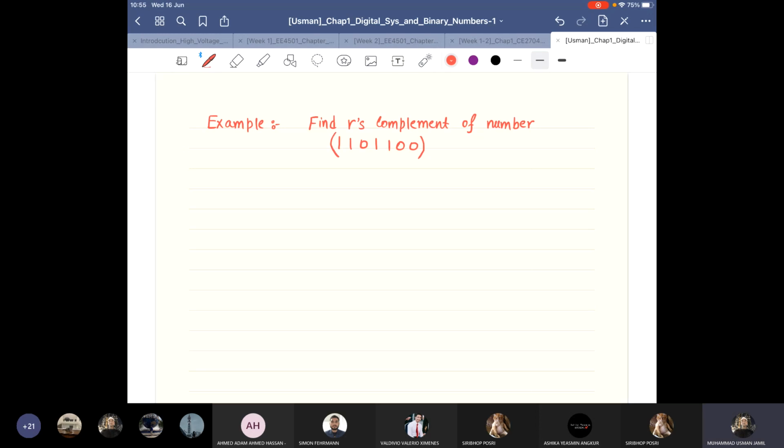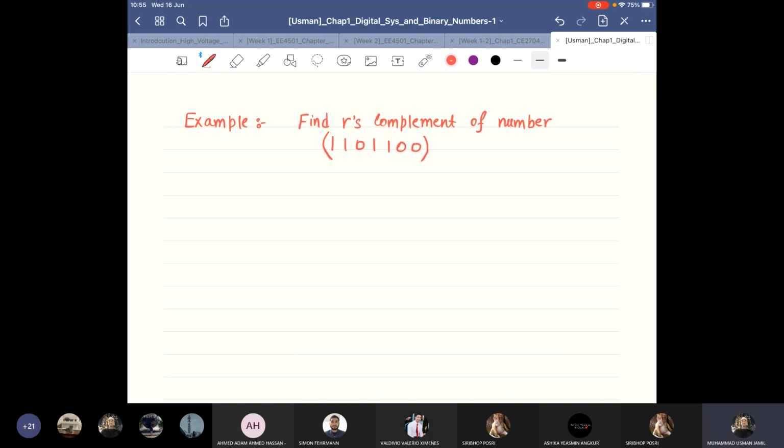Now just to give you an idea: if I say R's complement, you still don't know whether it is the 2's complement or the 10's complement, until I define some base here. If I say 10, it means this is a decimal number.